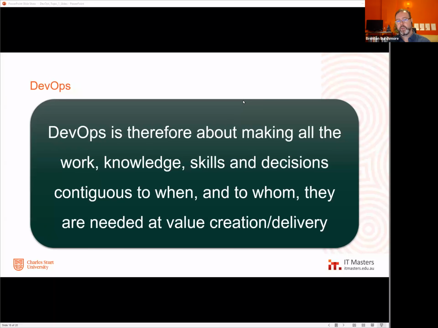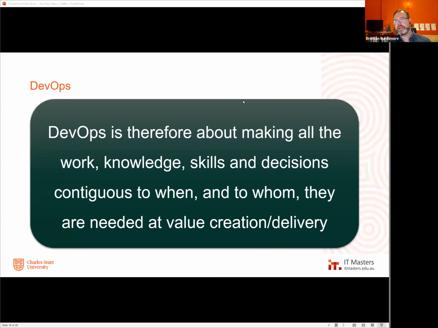So, as a summary of what we talked about tonight, DevOps is about making all these things, the work activities, the tasks, the knowledge, the skills, the decisions, all contiguous and adjacent to that moment and that person for whom they are needed when they create value.